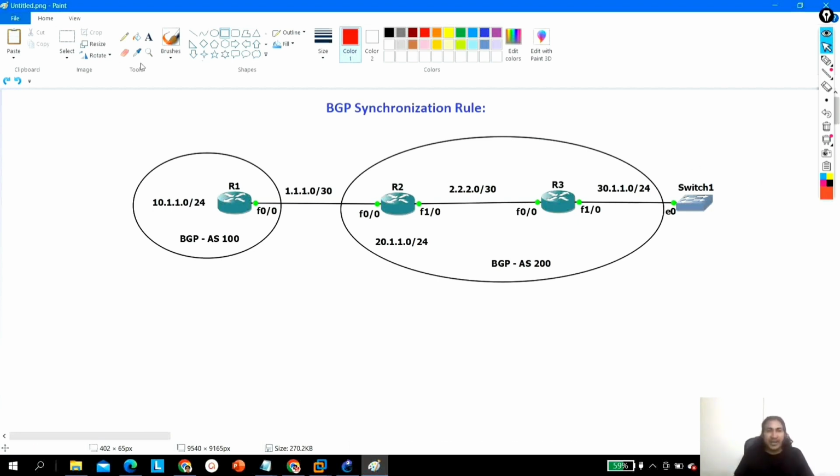So guys, today I am going to discuss the BGP synchronization rule. Very important topic for network engineers and very important for interviews, because in real time this is one of the most used features of BGP.